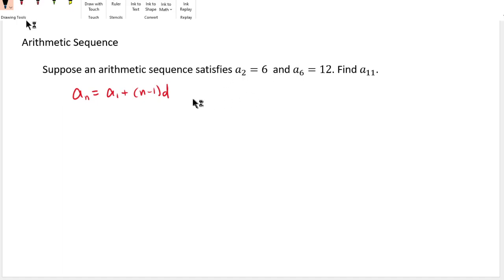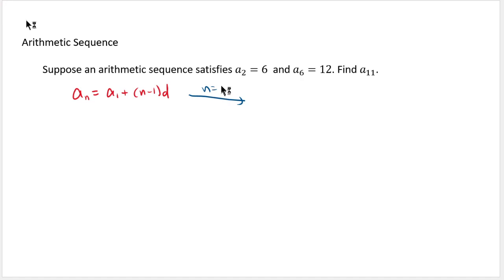So set n equals 6, and you get a6 equals a1 plus 6 minus 1 times d. And in our case, a6 is 12, and a1 is unknown. That's fine. 6 minus 1 is 5, and d is also unknown.